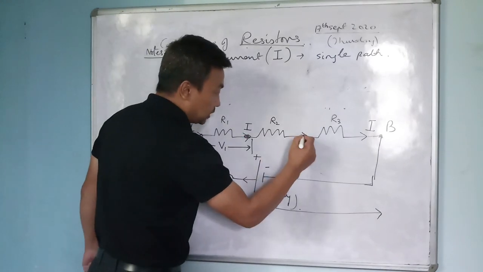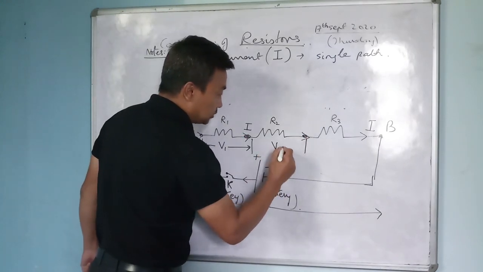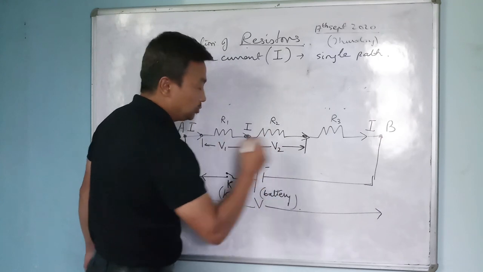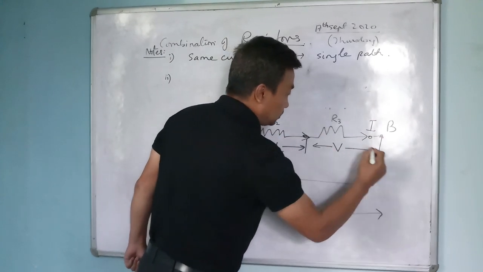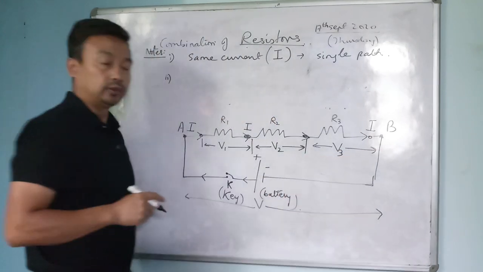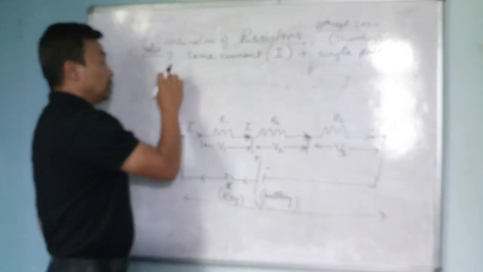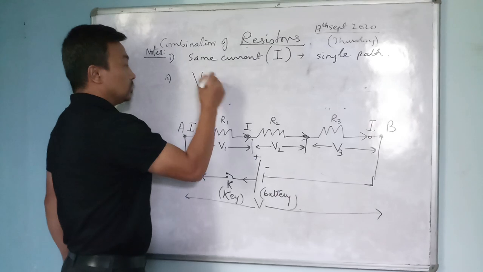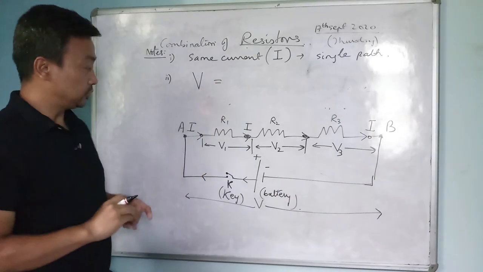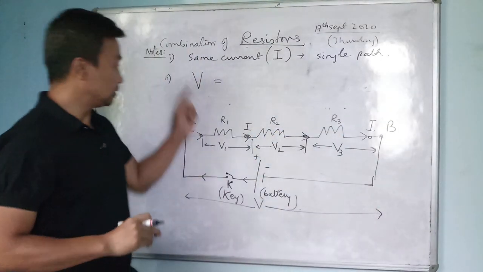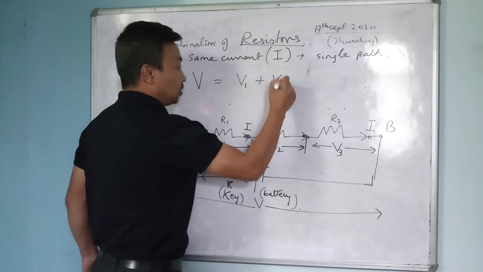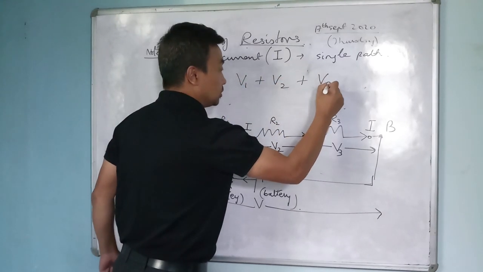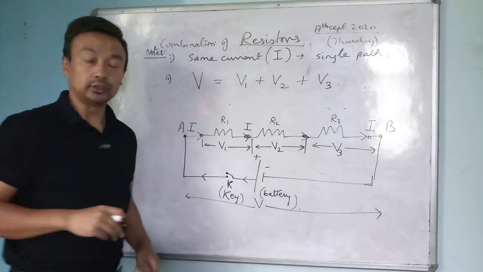Similarly, R2 also has 2 ends, so it has its own potential difference V2, and similarly R3 has its own potential difference V3. So here, what does it say? Let us say V is the potential difference of the entire circuit, and this potential difference is equal to the sum of the potential differences of the individual resistors.